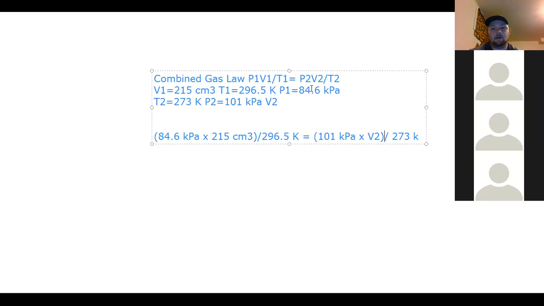Because up here, P2 V2 is divided by T2, so it's all of this divided by this. The first thing I think we should do is solve for everything on the left-hand side. And so you're going to have, I wish that wasn't in the least convenient place on the planet.